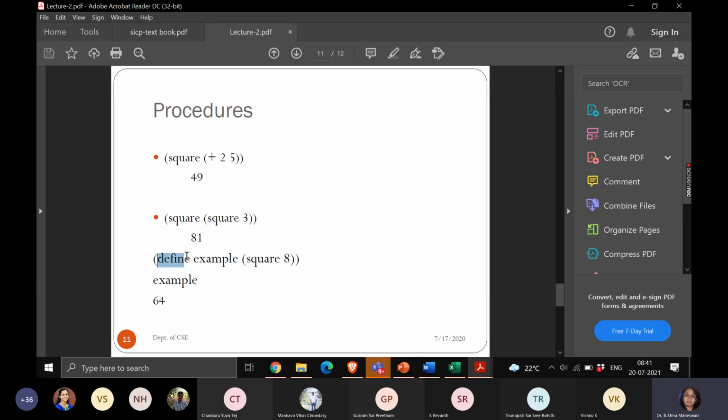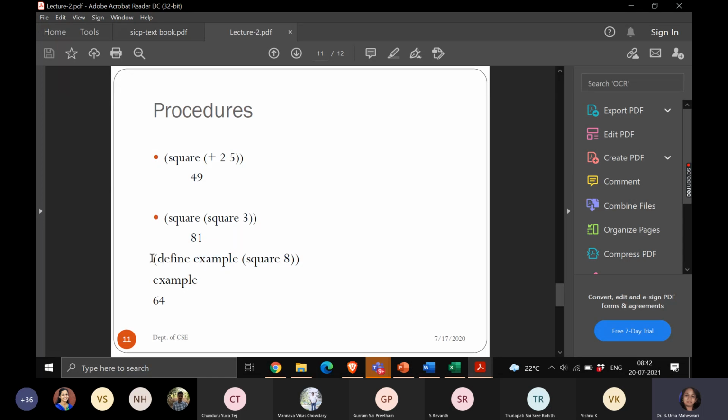Okay, let us take this one. Define example is the procedure name, and square of 8 is the argument. It will call square and substitute the value here, and you can call the recently defined procedure. So here we are at the primitive level, and a little bit we are going to higher abstraction, and again to a higher abstraction.